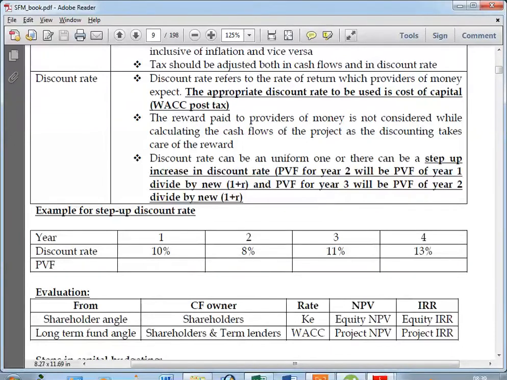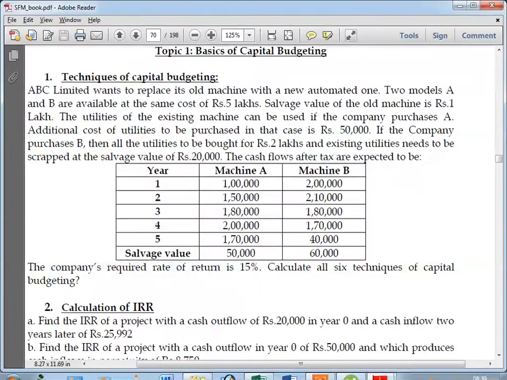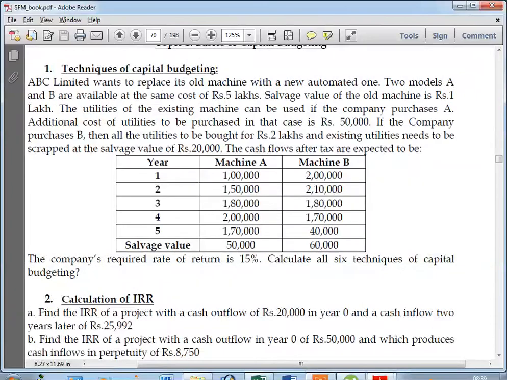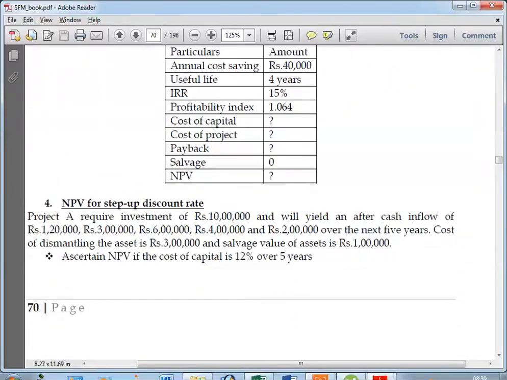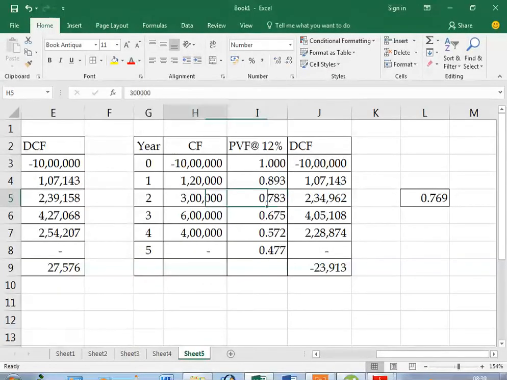Some people in a hurry end up doing 1 divided by 1.08 divided by 1.08, so don't do that. Take the PVF of year 1 and divide by 1.08, PVF of year 2 and divide by 1.11, PVF of year 3 and divide by 1.13. You can then calculate this NPV.